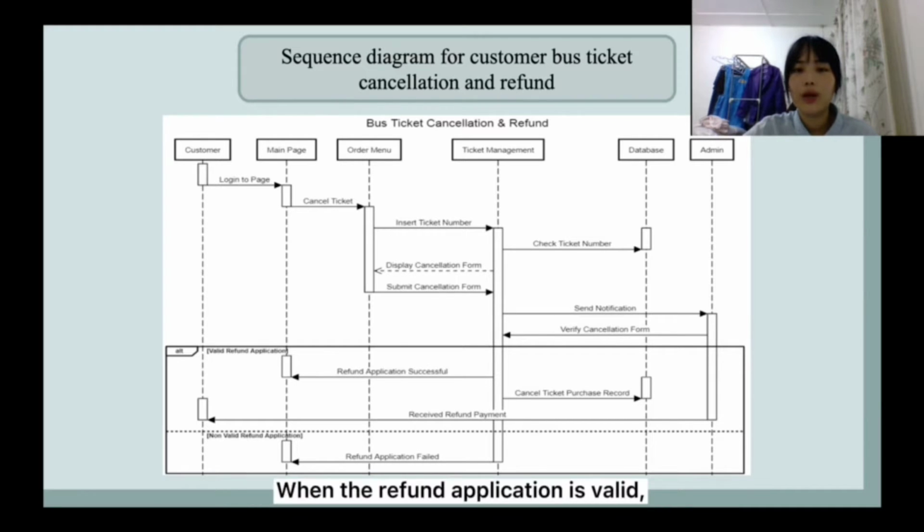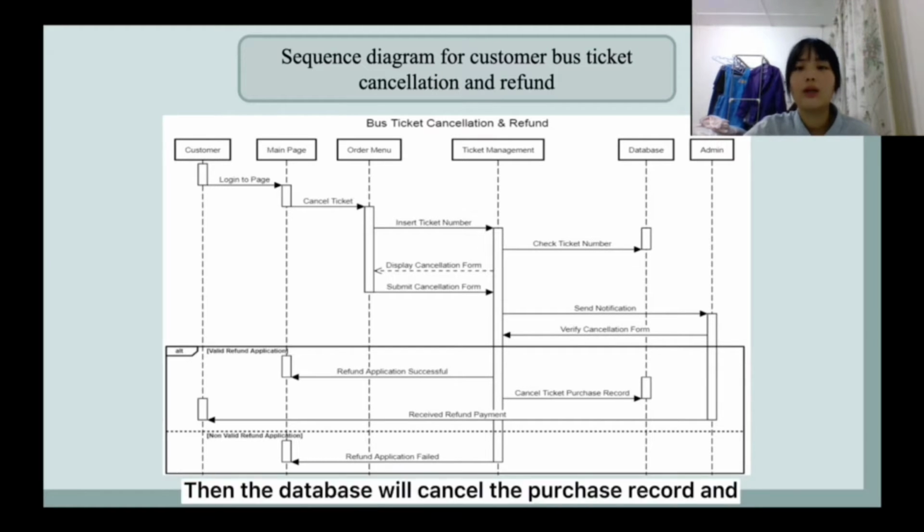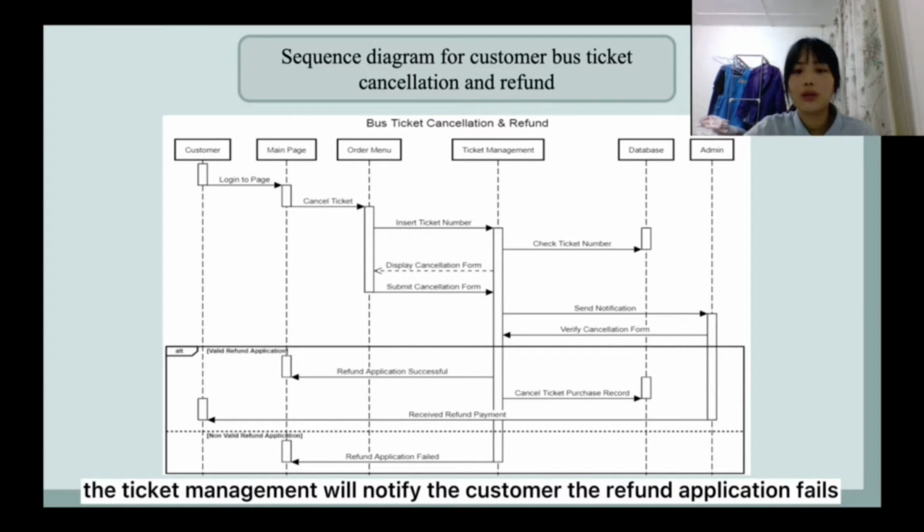When the refund application is valid, the ticket management will notify the customer the refund application is successful. Then the database will cancel the purchase record and the admin will refund the money to the customer. When the application is invalid, the ticket management will notify the customer the refund application has failed.